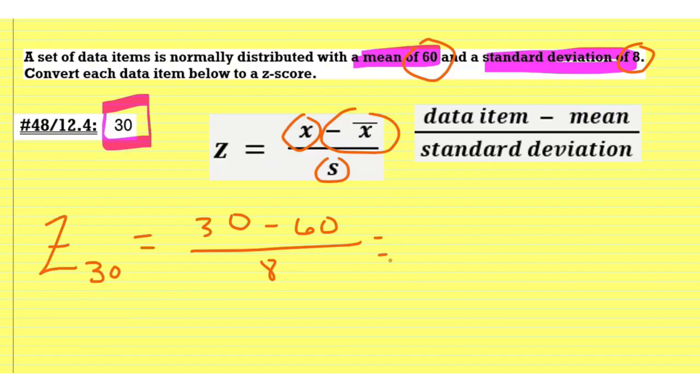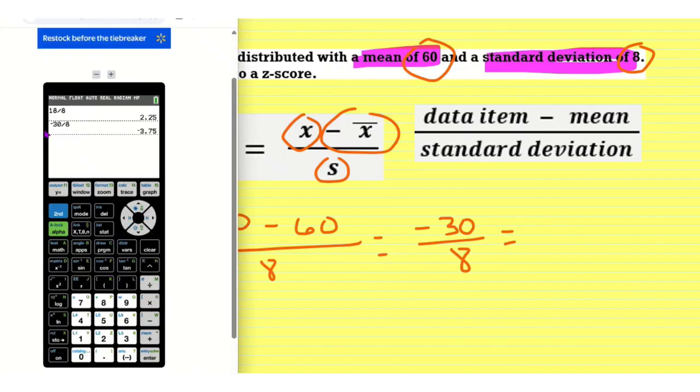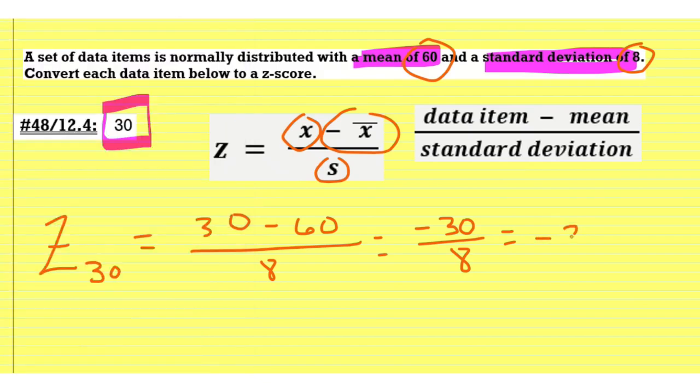And then we're going to work that out. So 30 minus 60 is a negative 30 in the numerator divided by 8. When I work that out with my calculator, negative 30 divided by 8 is going to be negative 3.75.